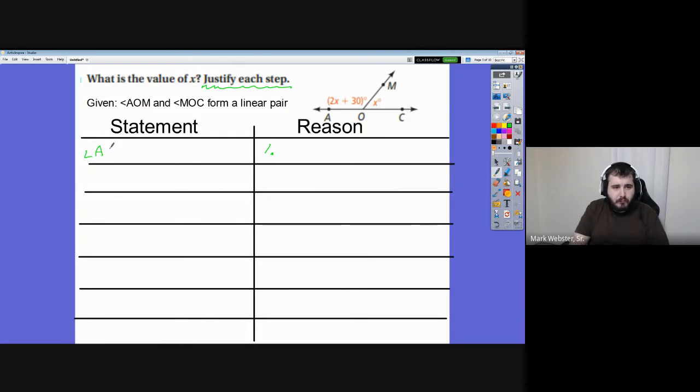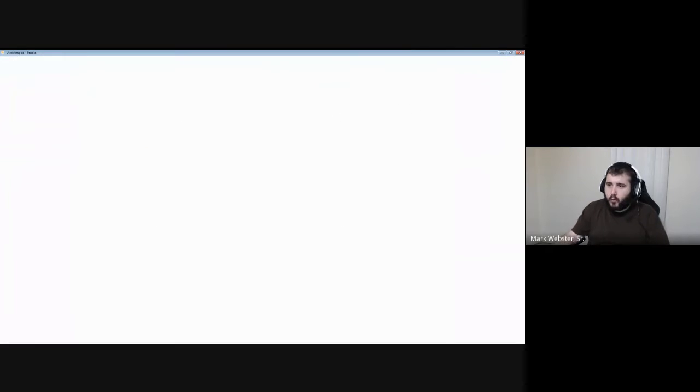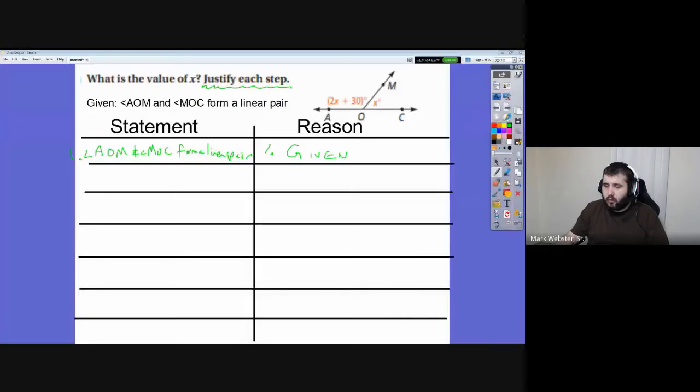Angle AOM and angle MOC form a linear pair. That's statement number 1. And why? Because it's given to us. This is the thing that we are taking as gospel and trying to show what our final answer is.